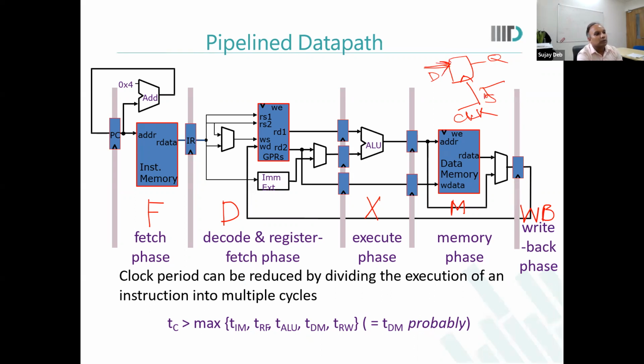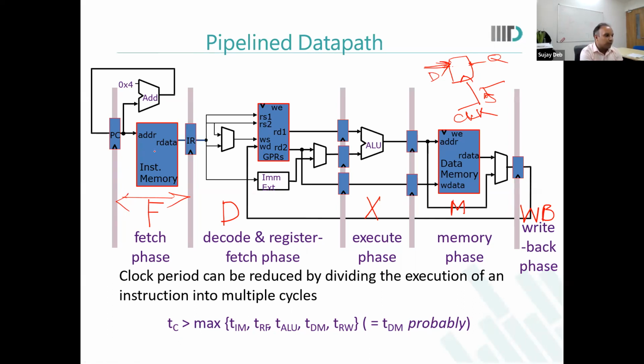Whenever the positive edge comes, whatever is at the input is latched at the output, and it remains like this till the next positive clock edge comes. So it allows the input to go to the output at the moment the positive edge came, and it holds that value till the next positive edge comes. So your objective will be to get the work of each stage done before the positive edge of the clock comes.